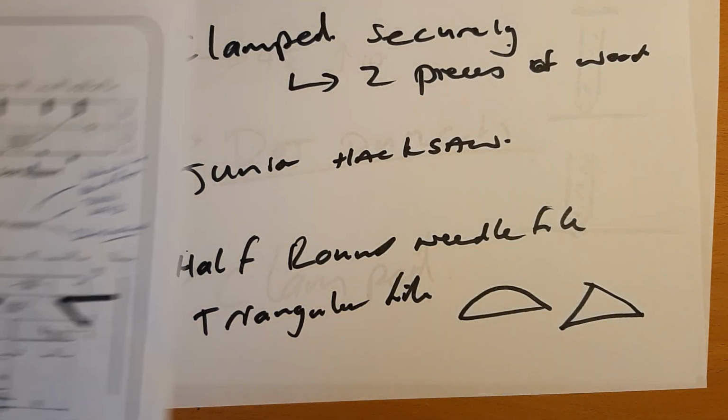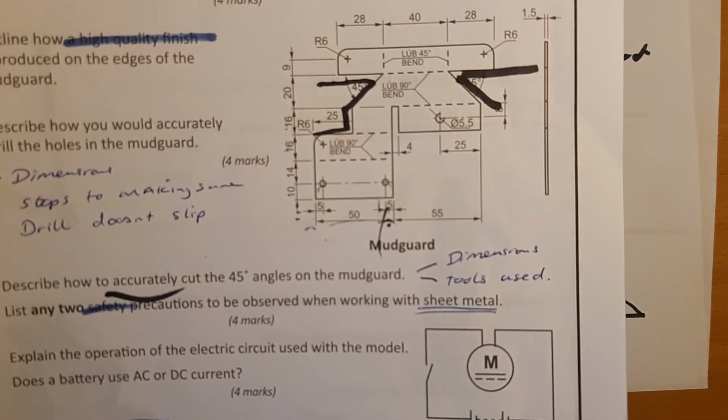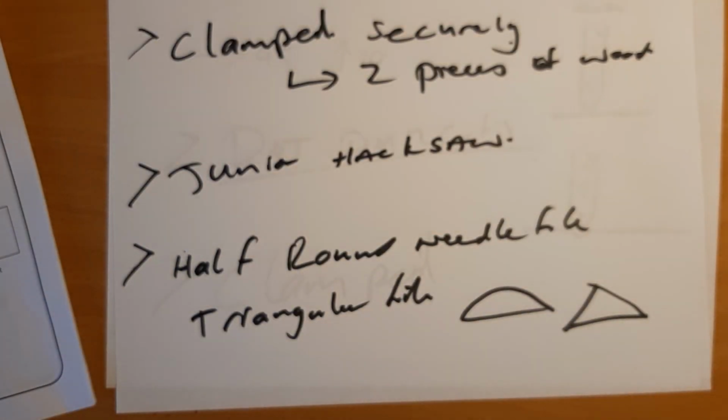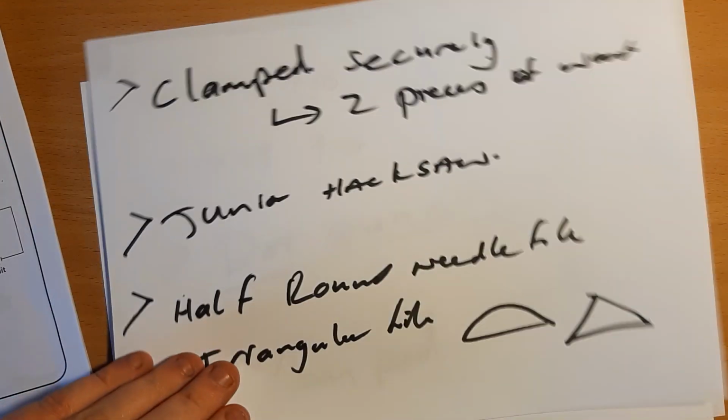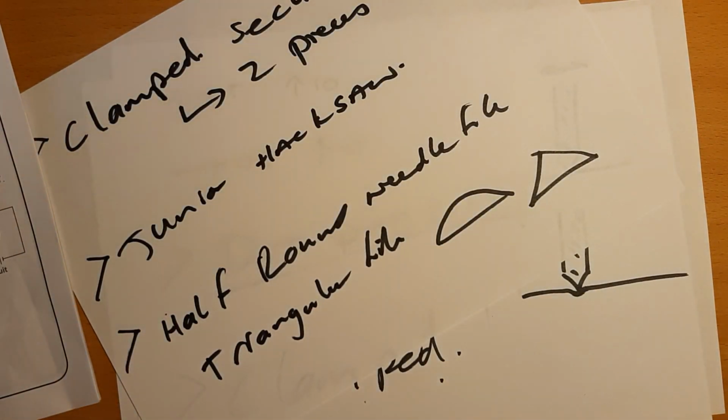The next thing it says, list any 2 safety precautions to be observed when working with sheet metal. Few things there. One is that when you cut it, it's incredibly sharp. When you cut it with a saw, it turns out nearly serrated, the edge of it. It can be incredibly sharp.